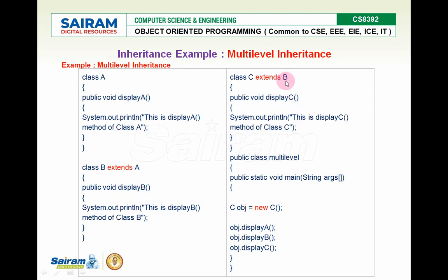Because B is inheriting from class A, so A method is coming to B, and A and B method will be coming to C by this inheritance. So with the object of C, I'm calling the methods A, method B and method C. Right. That's what a multi-level inheritance.